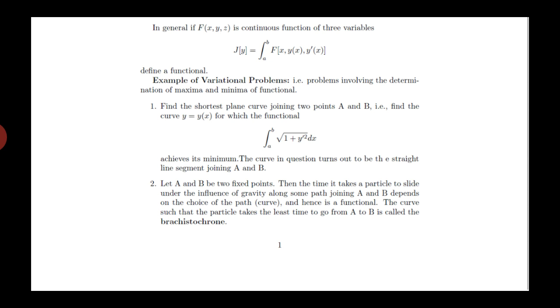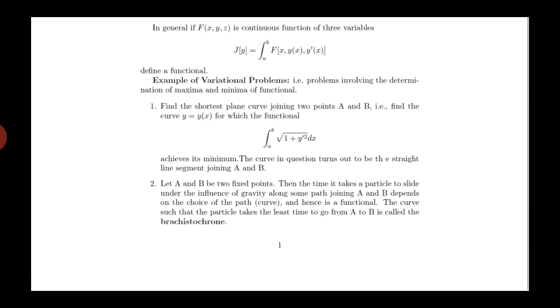So let us see the first problem, and that is: find the shortest plane curve joining two points A and B. It means finding the shortest distance between two points. So we want to find the curve which joins A and B and has a minimum length.